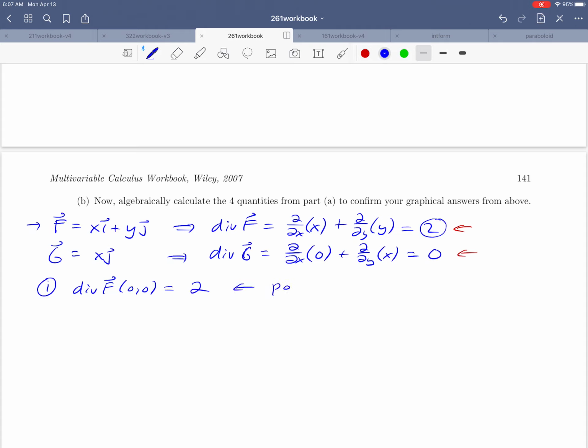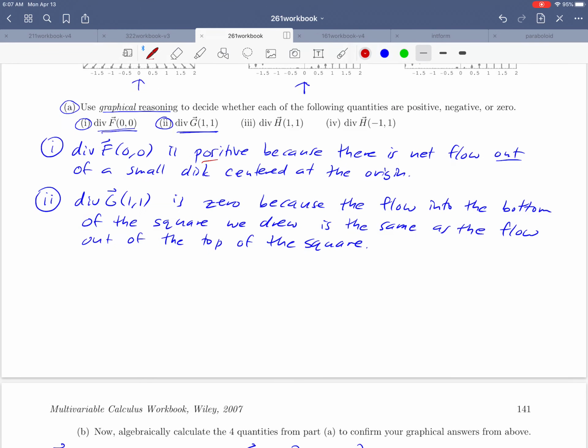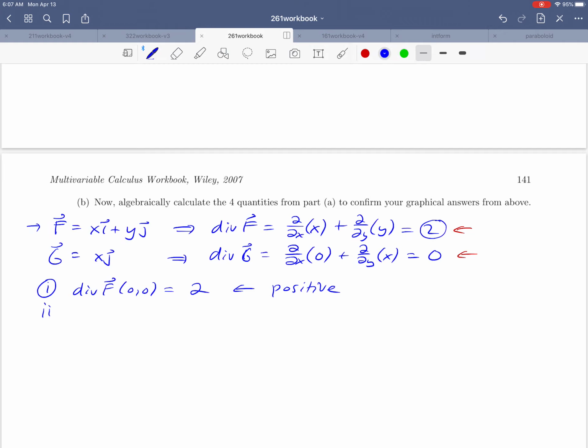Notice that that's positive. Does that agree with the answer that we got back in part A? Let's sneak a peek. Sure enough. So we reasoned out graphically that that should be positive. We have just confirmed that algebraically. Okay, and then the same thing with 2.